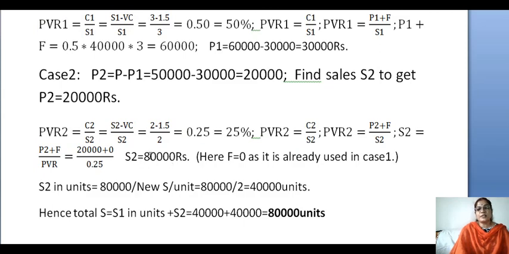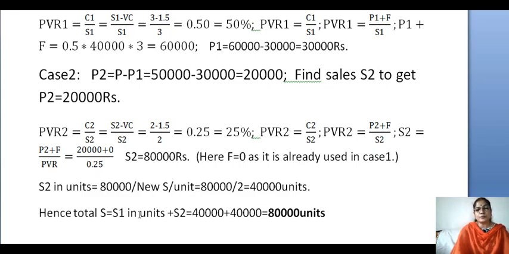So sales to be done in amount is 80,000 rupees to get a profit of 20,000 rupees. We want in units because the question asks how many more units to be produced. So divide that by selling price per unit. Now guys, very careful, 2 rupees to be taken, not 3 rupees, because we are finding out the additional units to be sold. So it is 40,000 units.